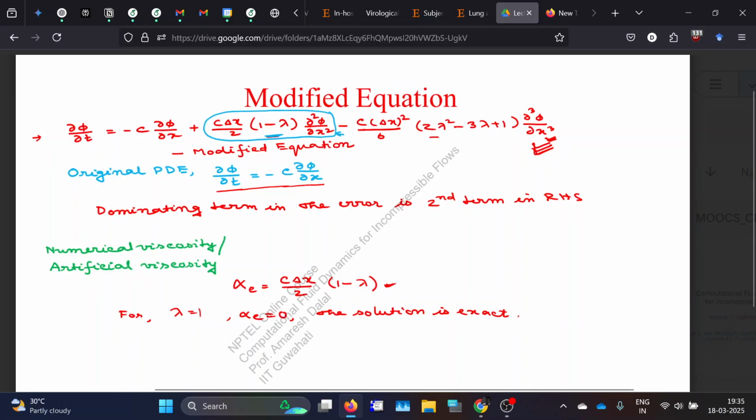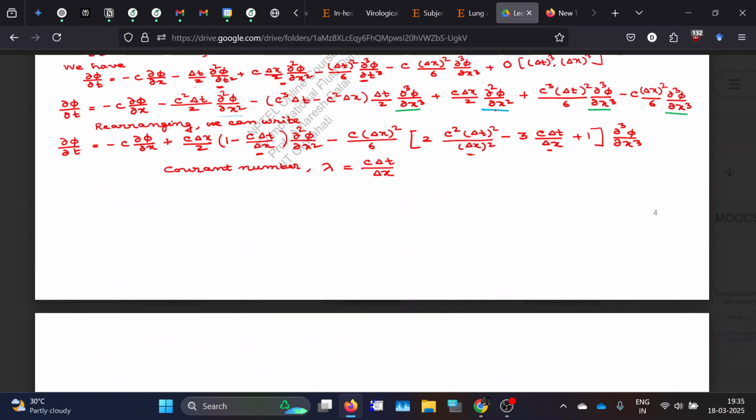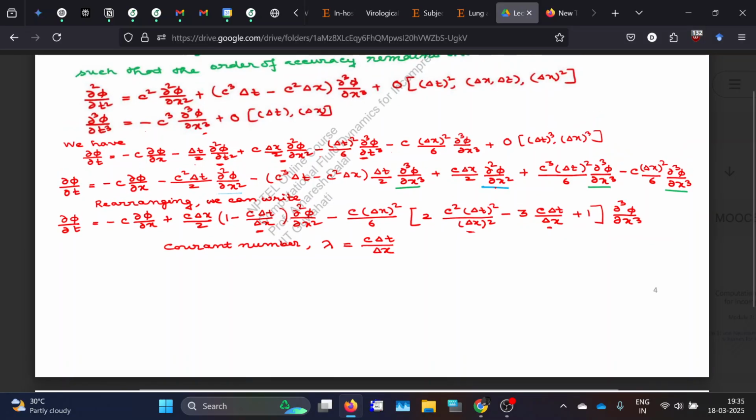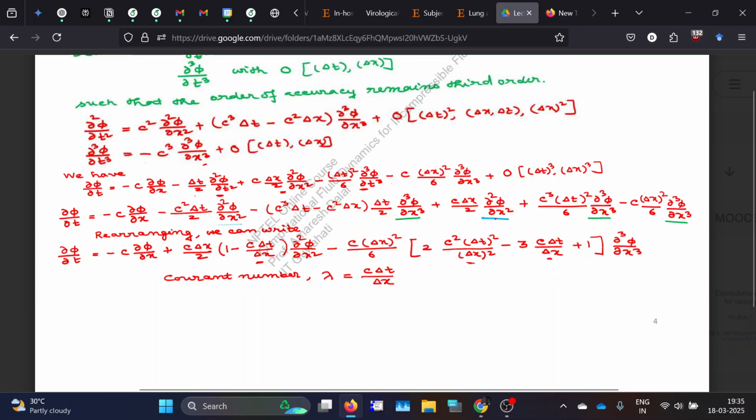Yeah, wait. Here, this factor 2 in this equation, 2 lambda square, this is not coming. If you see in the previous slide, it should be 3. Like here itself, if you see, it's coming from here, probably this term, and in the previous one, in the rearrangement, if we take c Δx² by 6 common, then I should get 3 so that it cuts down and gives this thing.